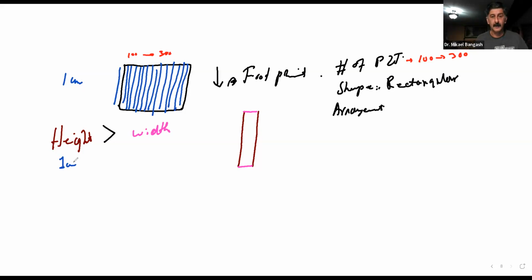Now this here would have been the width of each PCT, which there's no doubt about it, is going to be lesser than the height.